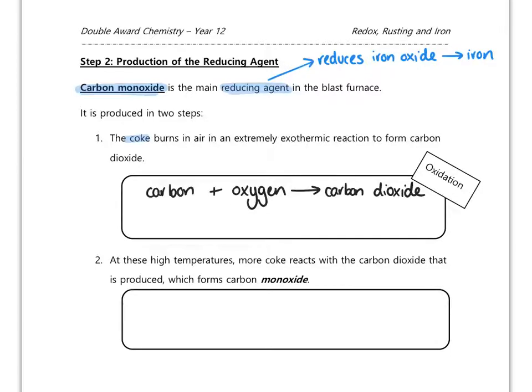What's the symbol for carbon? It's C plus oxygen. What we need to remember is that oxygen is a diatomic gas, so it's O2. That's reacting to give carbon dioxide. You should know that the formula of carbon dioxide is CO2. If you're not sure where we get that from, we've got carbon, so that's C. Dioxide means 2 oxygens, so it's O2.